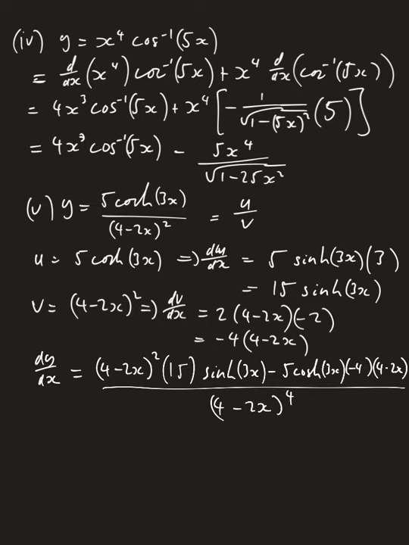So we're almost there. Again, I will divide top and bottom by a factor of 4 minus 2x. So that one is gone. That 4 comes down to a 3, and that 2 is down to a 1.